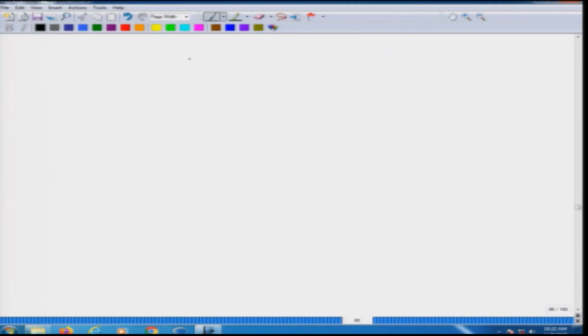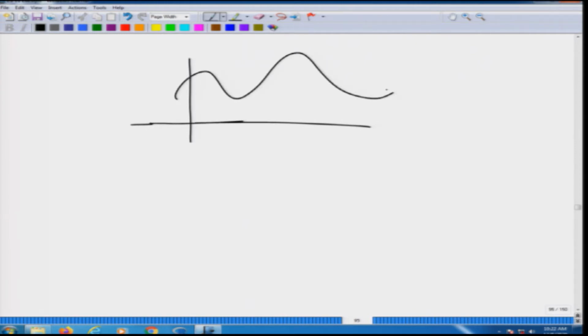Suppose we have, let us say, a function which is like this. Let us divide this into, let us say, 4 equal parts: x 0, x 1, x 2, x 3 and x 4.